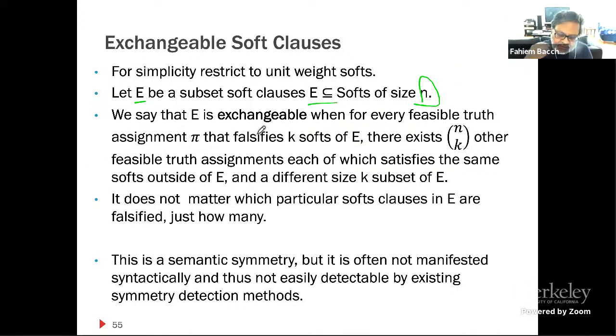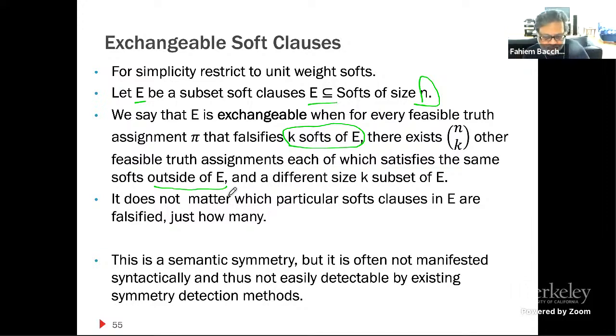We're going to say that this set of soft clauses is exchangeable when for every feasible truth assignment that happens to falsify k soft clauses in our set E, there exist another n choose k feasible truth assignments, all of which satisfy exactly the same softs outside of E and falsify a different size k subset of E.